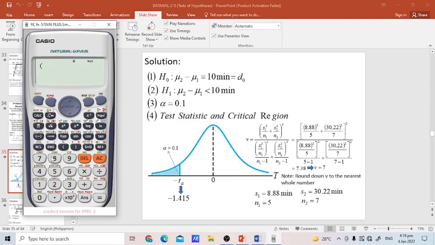Okay, so we have 8.88 squared over 5, plus 30.22 squared over 7. Then we take the square of it.